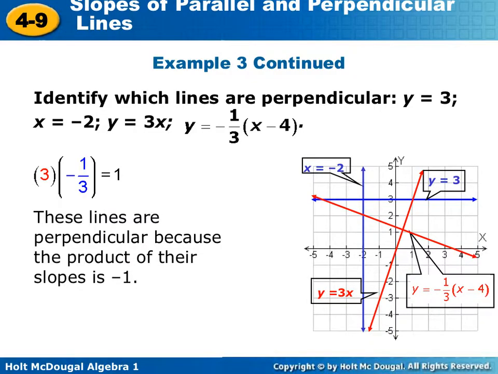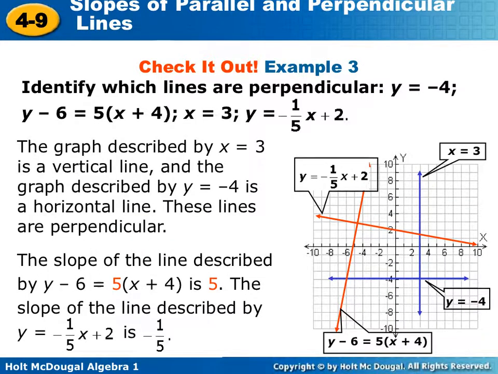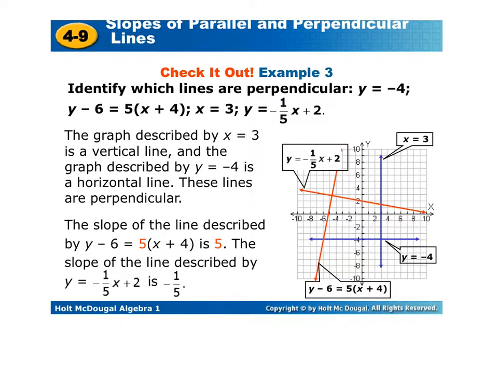They're just doing the same problem here. Here's a new one. Red, blue, green, yellow. What's the slope of the red line? -4? Nope. 0.